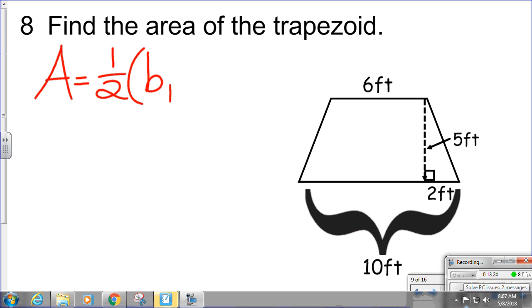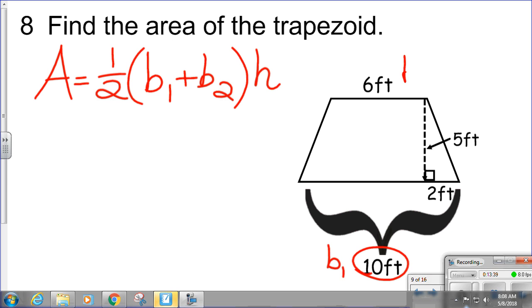We just did one very similar to this. 1/2 B1 plus B2 times H. So let's identify our pieces. This one's a little bit easier. Now they've given me all the information. I have a base 1 of 10, a base 2 of 6, and a height of 5. That 2 I don't need at this time. It's a distractor. Will I be dividing this answer by 2 at the end? Yes. Okay, so area equals 1/2.